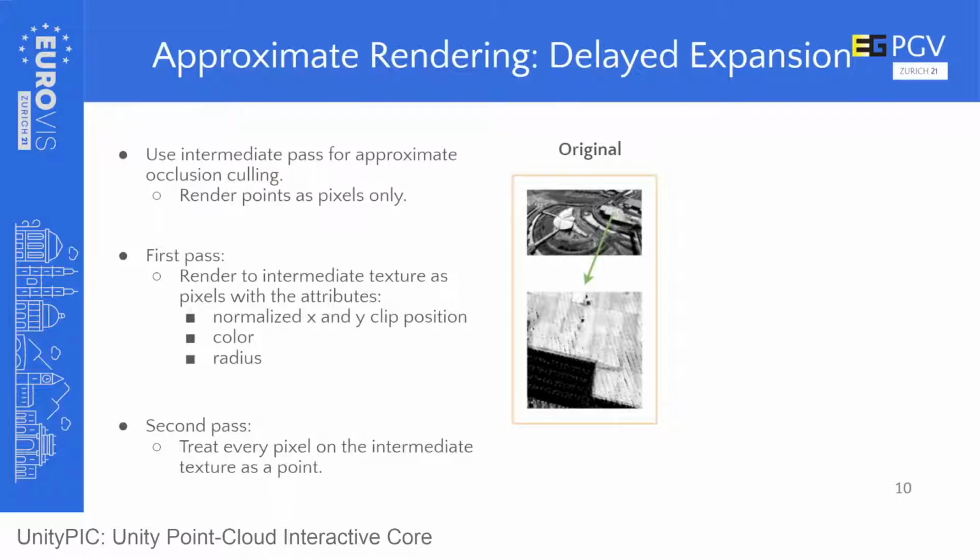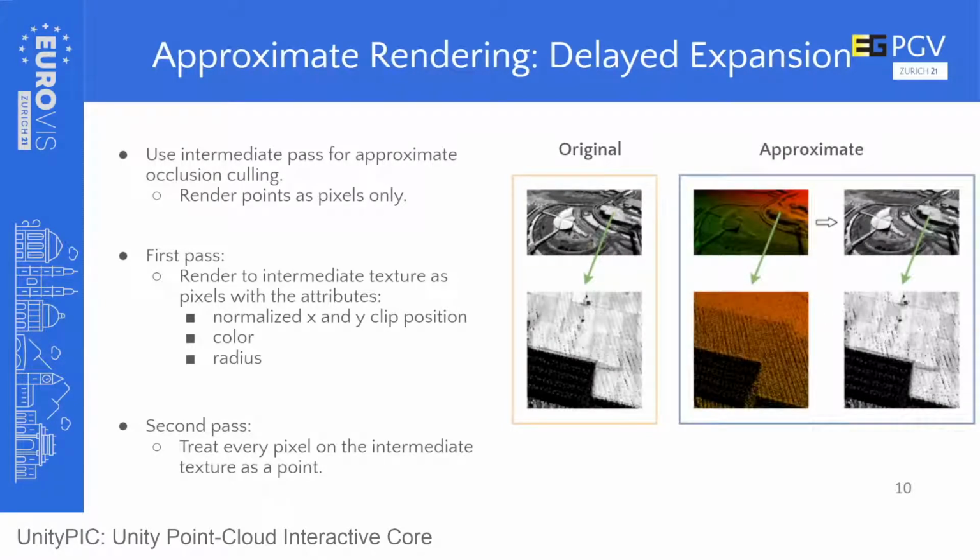Say, for a 5 million point budget rendering to a full HD screen, there are only 2 million pixels. So that means at the maximum, 2 million points can be represented at once. But in the original rendering pass, 5 million points would be rendered instead.